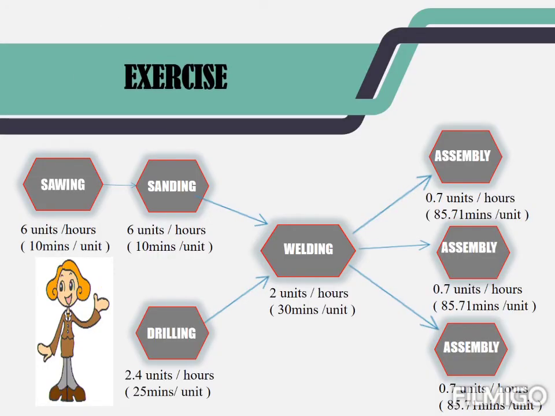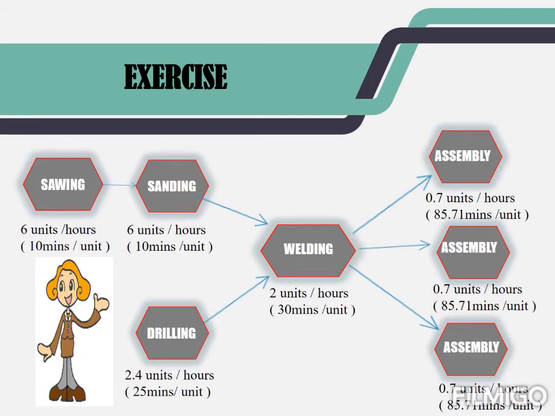Okay guys, we're in our fifth slide now. The fifth slide is regarding an exercise similar to our sample just now. Let's see what the diagram is about. In the diagram we can see 1 2 3 4 5 6 7 elements, with 3 similar elements: sawing, sanding, drilling, welding, and 3 similar elements which is assembly.